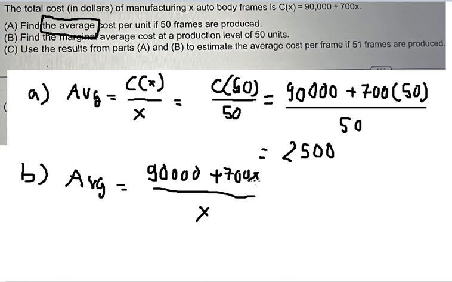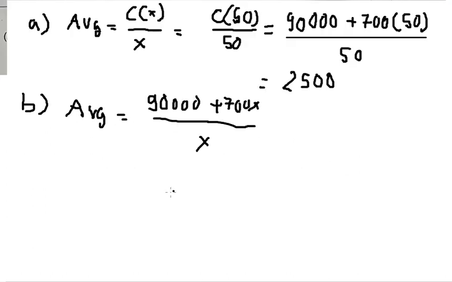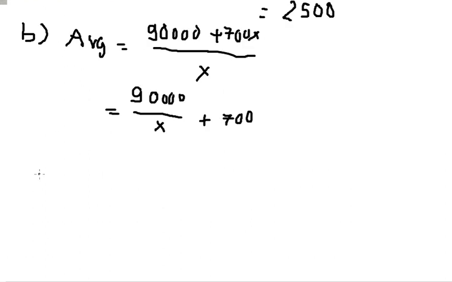So we have the fraction, we have 700. Now we need to find first the derivative of this one, and you get it like this.